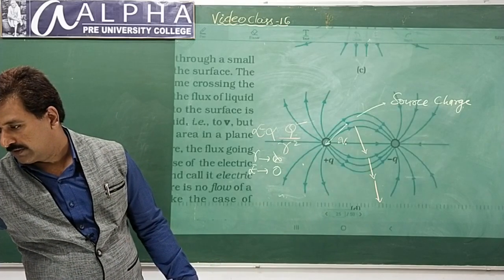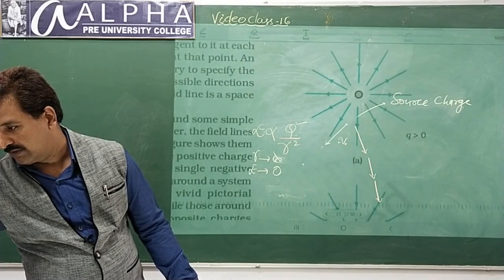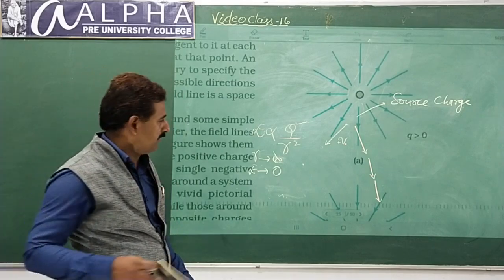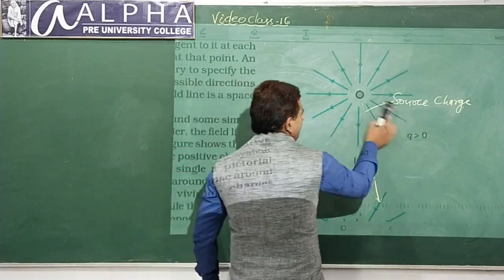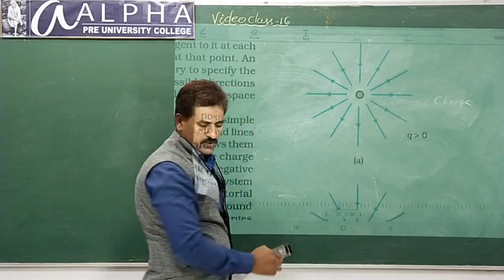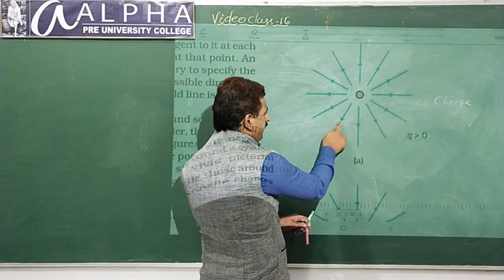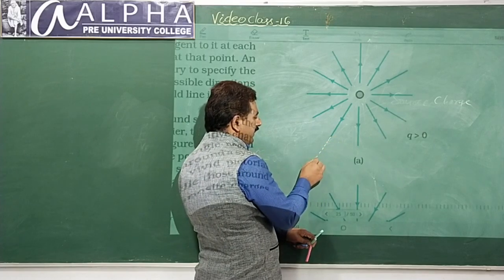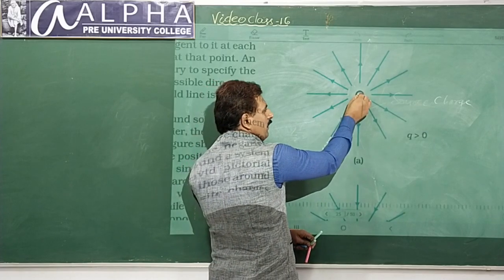And one more diagram you wrote, I'll show you now, right? See here. This is almost the same compared to the previous one. What is the difference? I joined all the arrows together and put only one arrowhead here, right? Which means this line extends to infinity, starting from the positive charge.